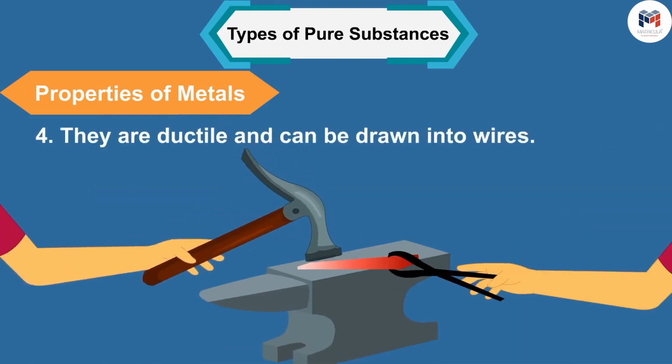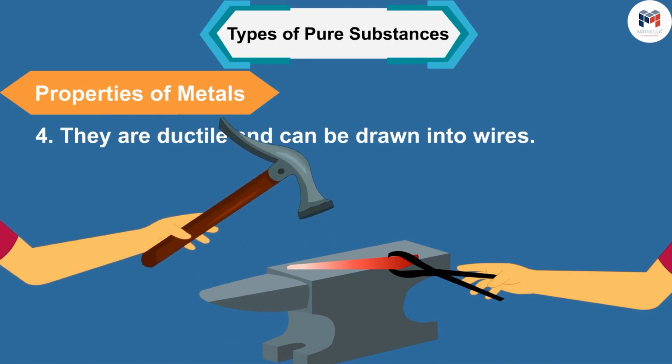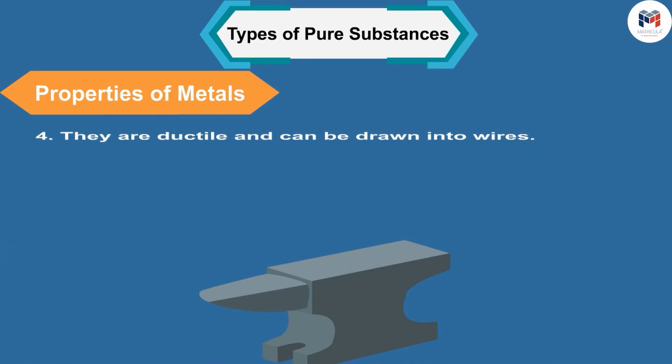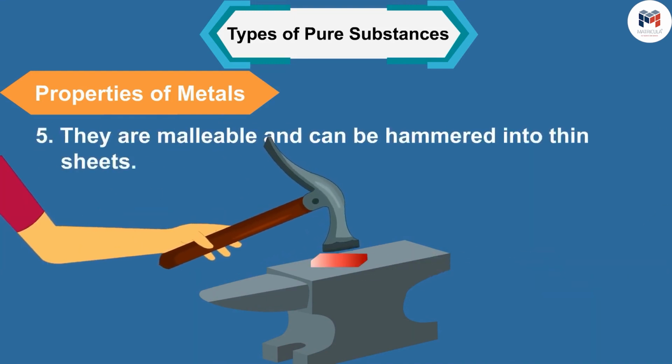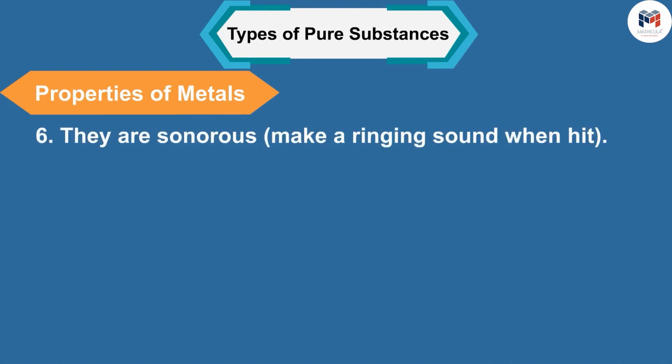They are ductile and can be drawn into wires. 5. They are malleable and can be hammered into thin sheets. 6. They are sonorous, make a ringing sound when hit.